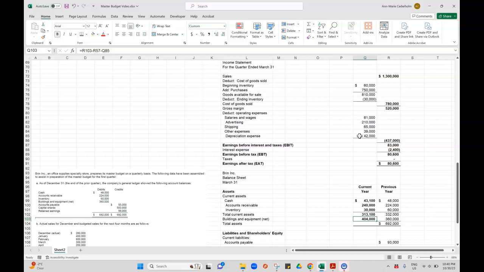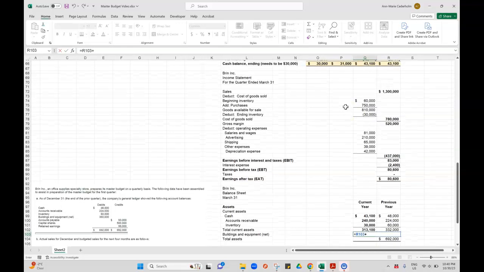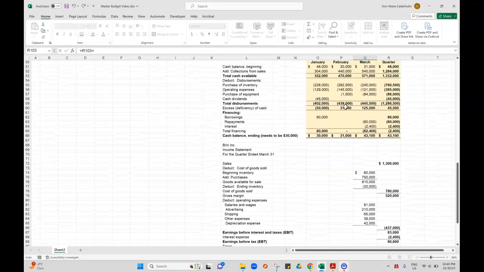Did I do this right? Let me redo this. The buildings from the previous year, net, or that's the previous quarter.